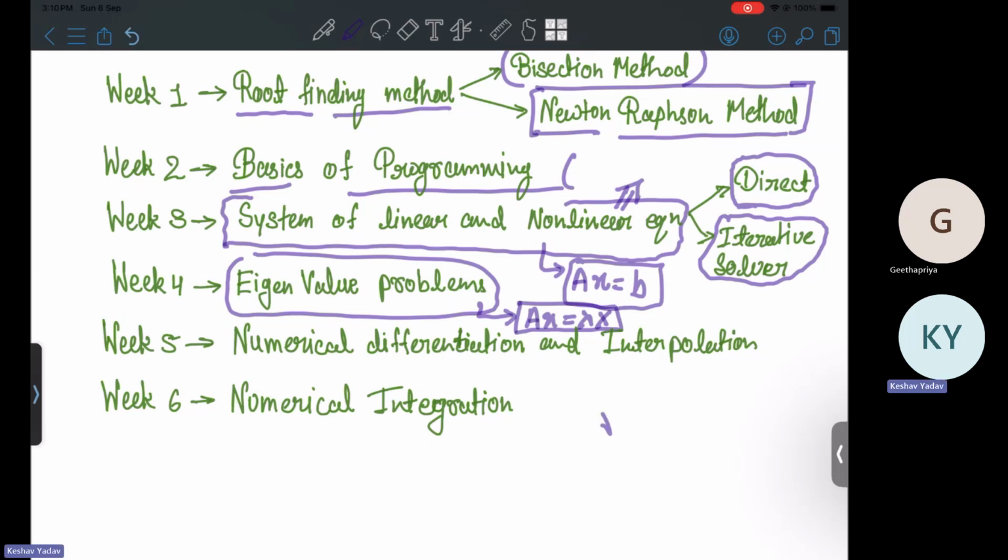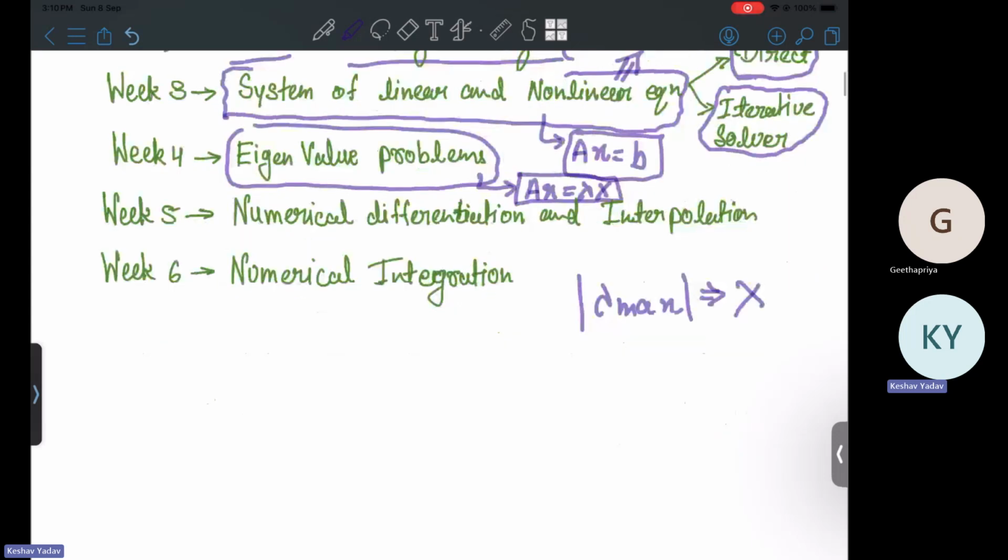Then by using the inverse power method, we can find the minimum absolute eigenvalue and its eigenvector. Then by shifting in the inverse power method, we can find the other eigenvalues and corresponding eigenvectors.